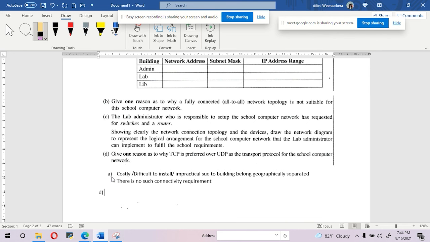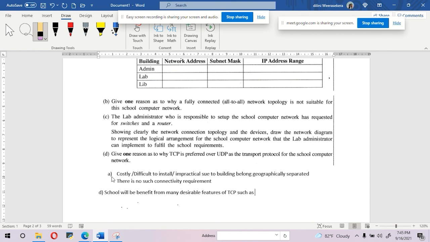We can say the school will benefit from many desirable features of TCP, such as these are the better things.